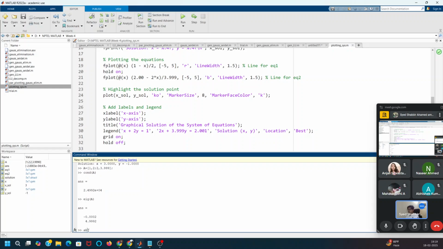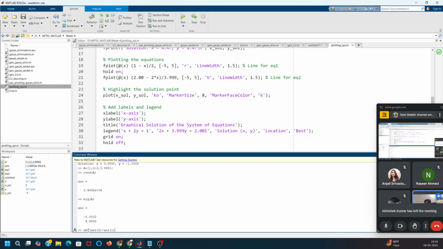As I have said, if you take the absolute value of the second eigenvalue, which is the largest, and divide by the first eigenvalue, which is the smallest, I can get this. So that's how condition number is calculated.